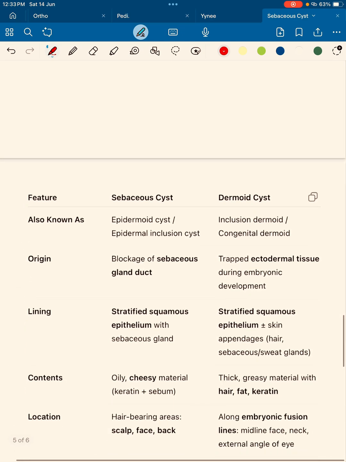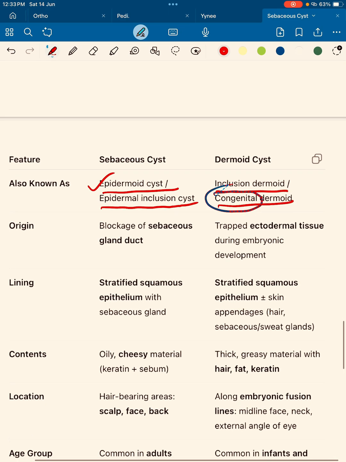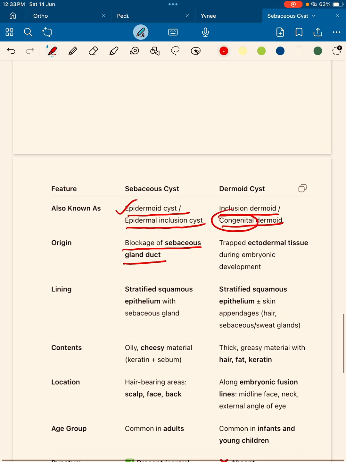Sebaceous cyst may be called epidermoid cyst or epidermal inclusion cyst; dermoid cyst may be called inclusion dermoid or congenital dermoid. Very important, congenital dermoid. Origin: blockage of the sebaceous gland duct. I told it before.